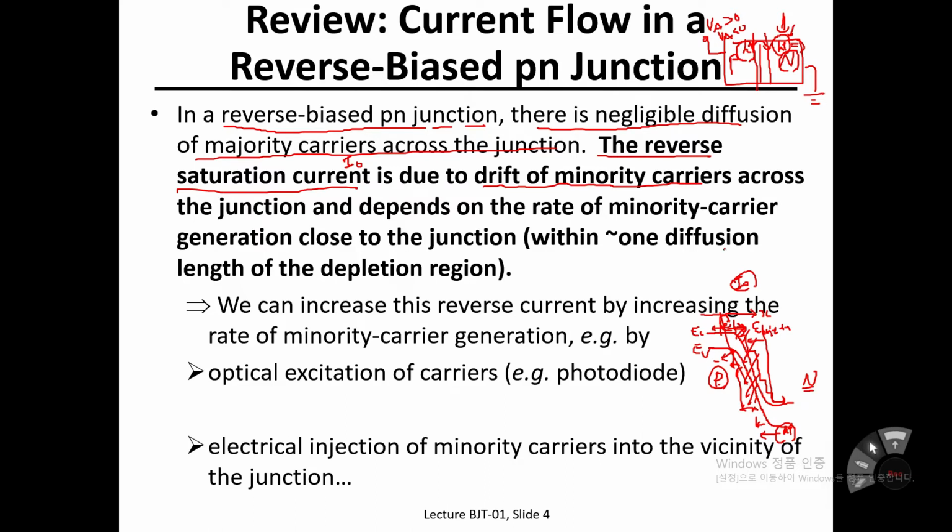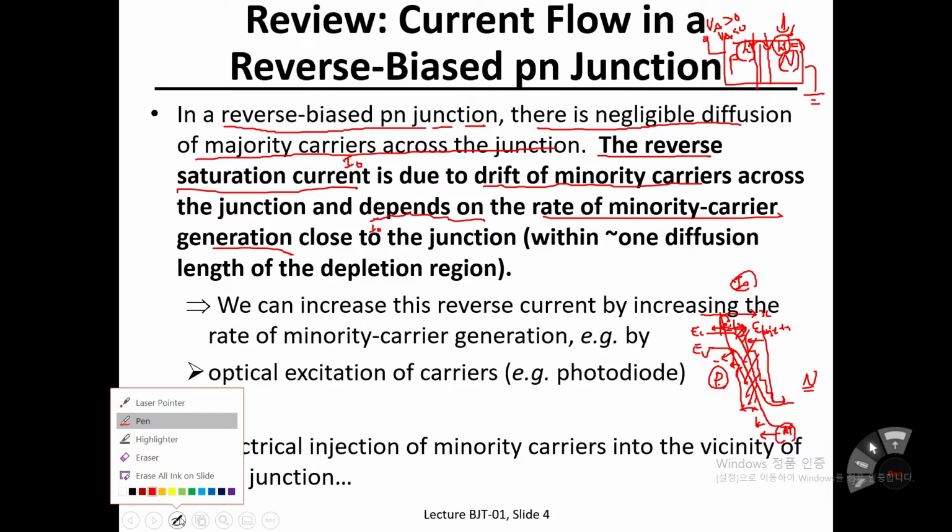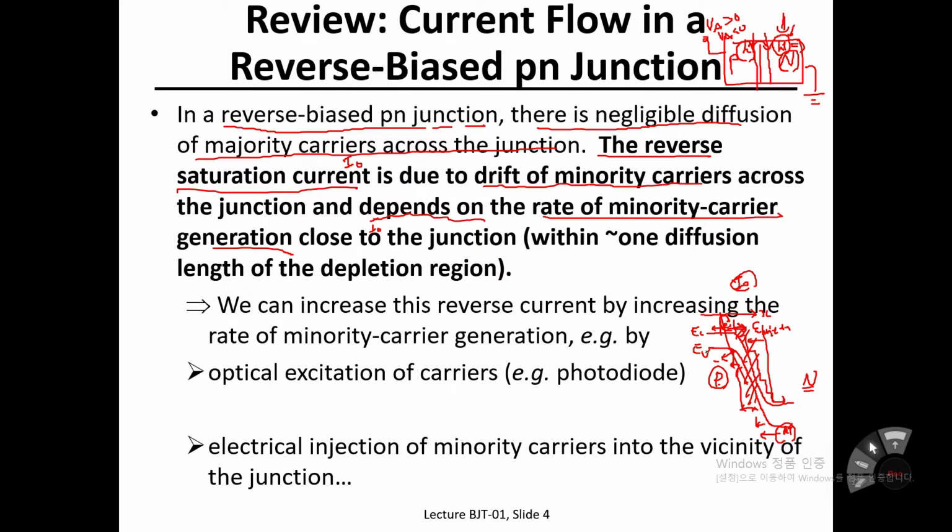We have learned that this saturation current I naught is very dependent on what? Yes, the generation rate of minority carriers near the junction. So let me change my color. Take a look here. How many electrons have been thermally generated at the edge of the depletion layer?